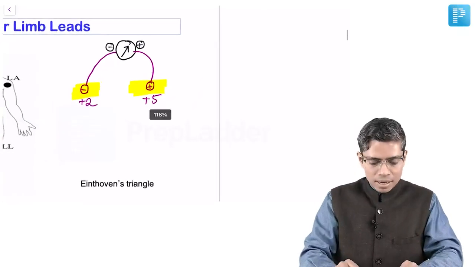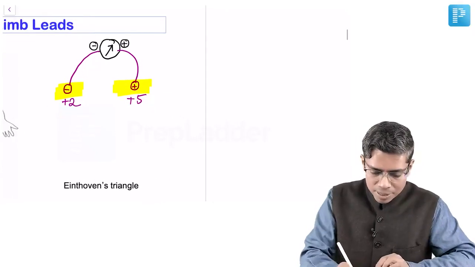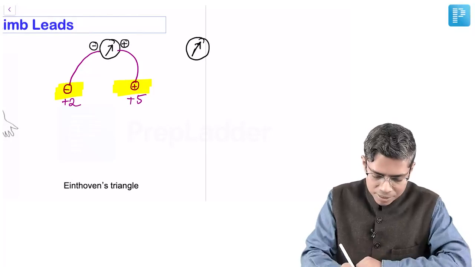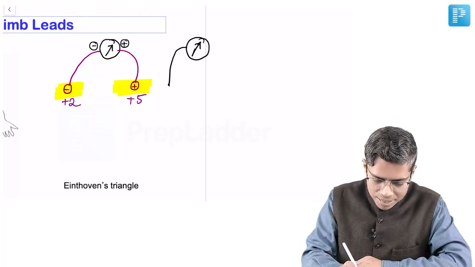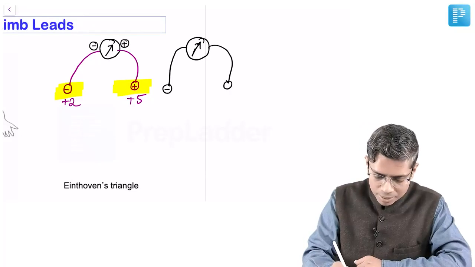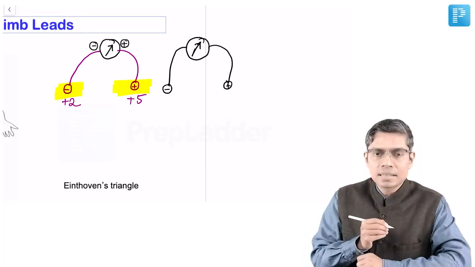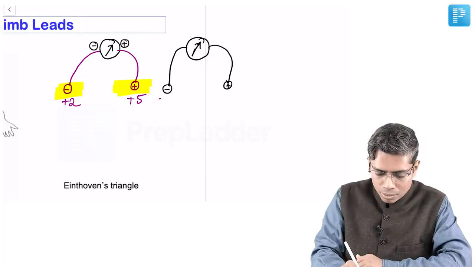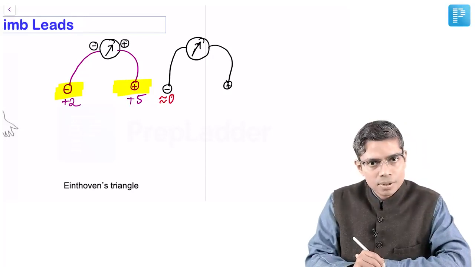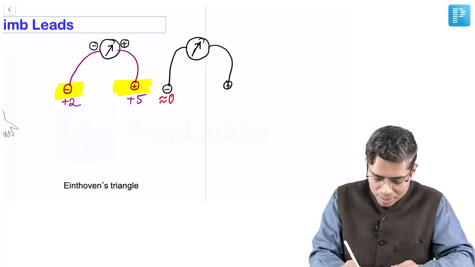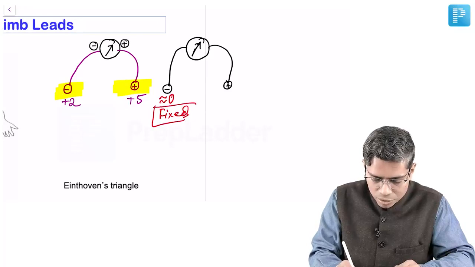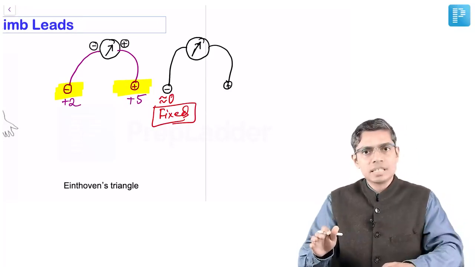Getting my point? But suppose I have placed my voltmeter in such a way, so this is another voltmeter. Here I have connected the negative end and positive end, but the negative end is connected to a point where the voltage is nearly 0 millivolt, or you may better say that this voltage is a fixed voltage, this 0 volt, and this 0 volt is not changing.